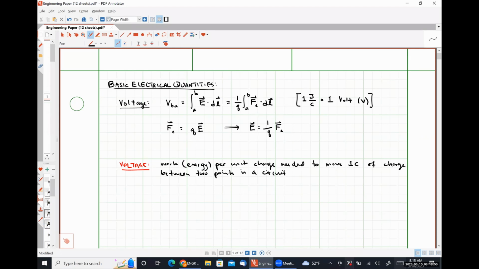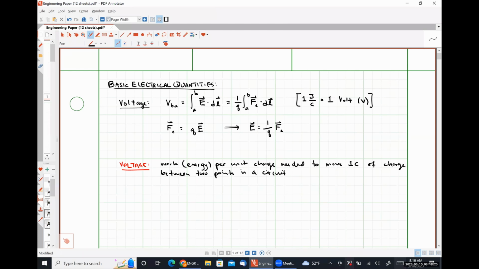So if I take this marker and I lay it on the surface of this table, it has some amount of potential energy. And if I move it up some height, it has a different amount of potential energy because of that height difference. It does not matter if it's this height over here or this height over here, as long as it's the same distance away from the surface of the desk, it has the same amount of potential energy. Voltage is the exact same thing, except it's electric potential.